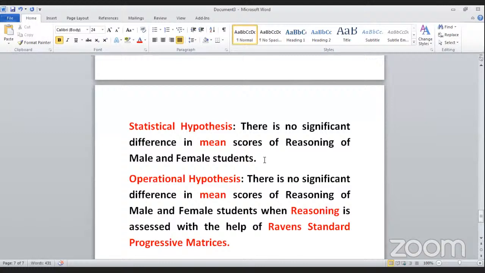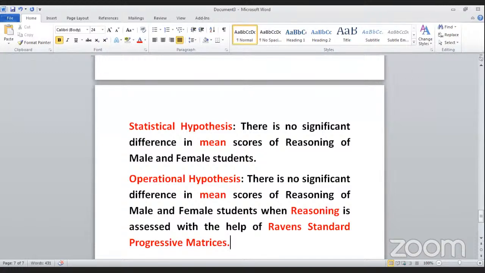And if you are unable to decide the tool, then you cannot formulate the operational hypothesis. So operational hypothesis is to be formulated in those researches where the researcher is sure about the tool which he or she wants to use.